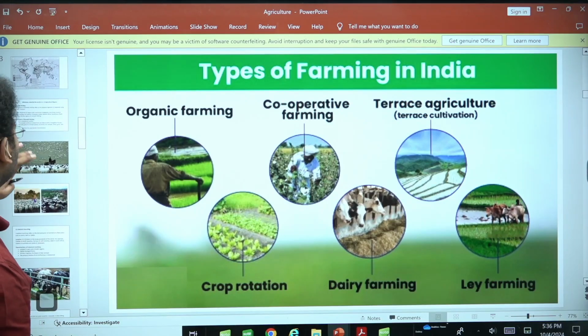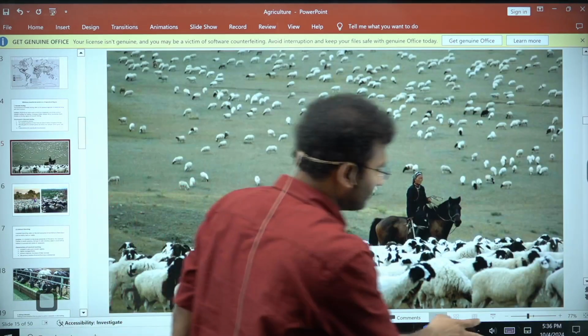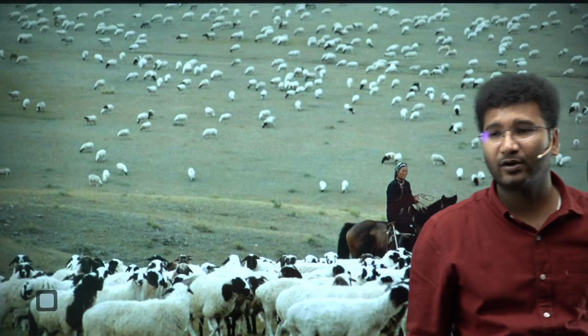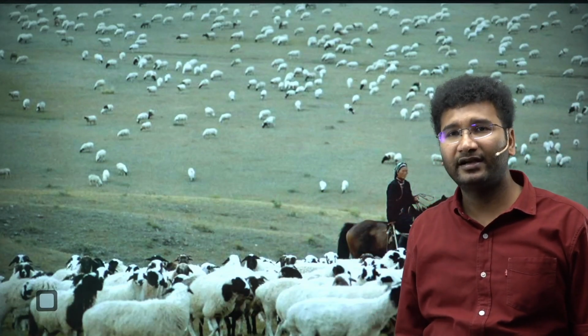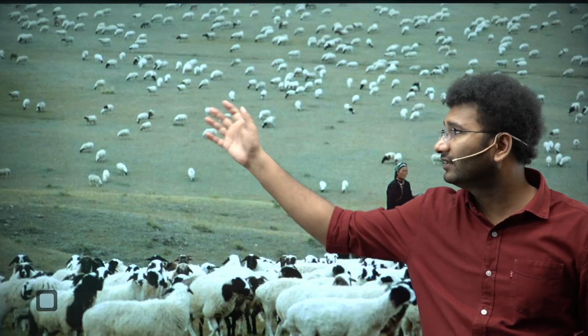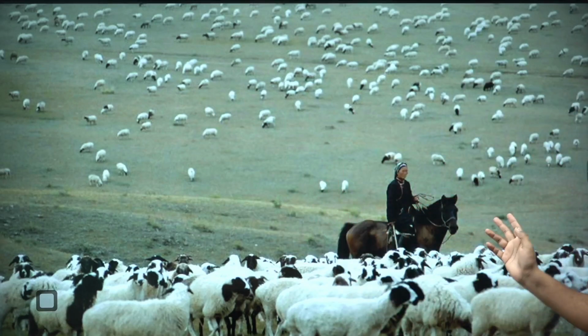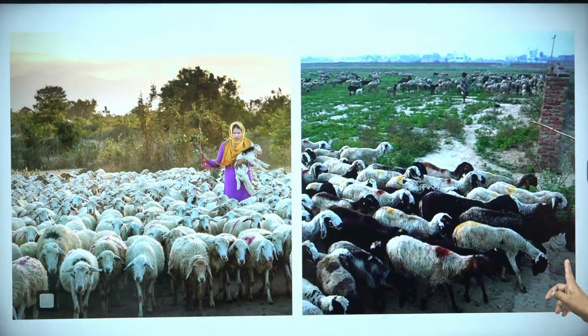Number one, look here. This is called nomadic herding. People move from one place to another using their sheep. This is an example of nomadic herding. They collect the wool and then sell the wool. They don't stay in one single place.